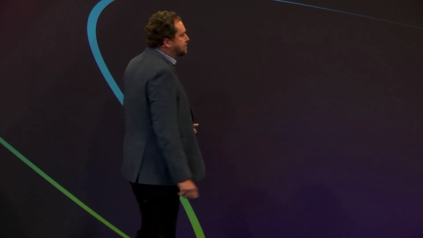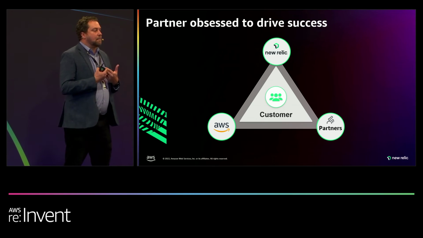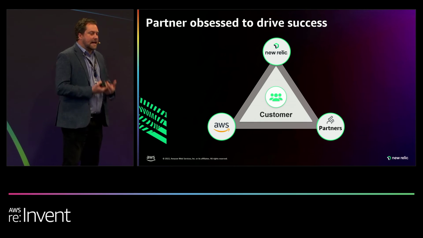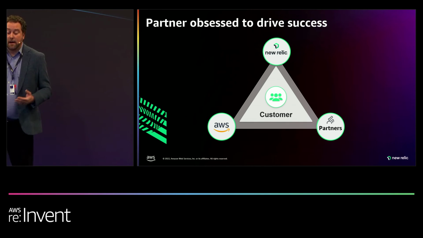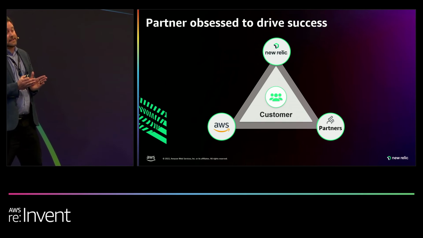All good stuff. Before we send you off, I think there's one other message we want to instill out there for our customers, for the developers out there, when you think about New Relic. I think one big theme we've really seen that we're learning about through re:Invent right now is the importance of partnerships. When we think about customer success, we really rely on our partnerships. We're actually partner obsessed to drive that customer success. Obviously, we're tied to the hip with all things AWS.